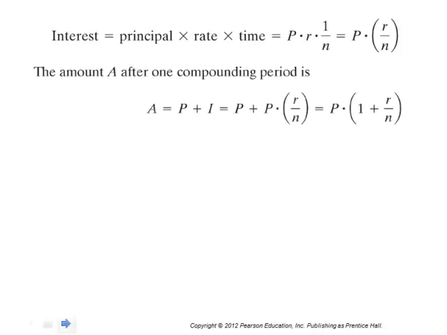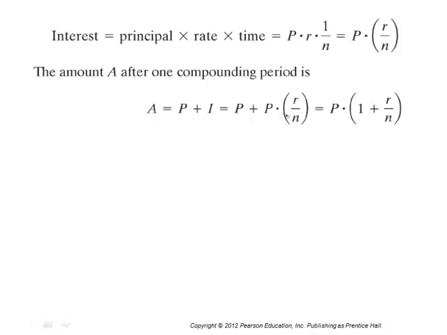So now we can go back and try to develop a more general formula for dealing with these compound interest situations. This time I'm not going to tell you how many times per year we're going to compound. Let's just assume it's generically n number of compounding periods per year. Could be 4, could be 6, could be 1, could be 12, or whatever. And at the end of the first period, we take the existing principal and add the interest, right?